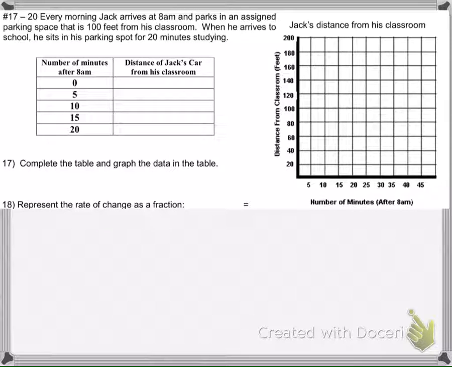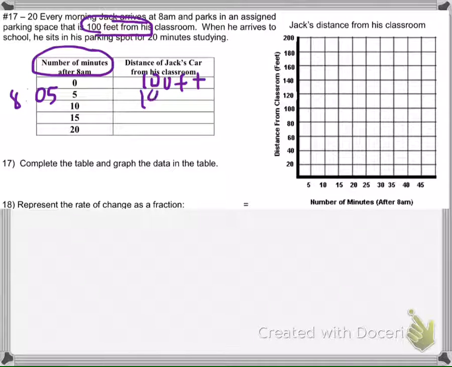So the input variable is the number of minutes after 8 a.m. So 0 minutes after 8 a.m., it says at 8 a.m. he's 100 feet. So 0 minutes after 8 a.m., that means 8 a.m., it's 100 feet. Well, at 8:05, because it says 5 minutes after 8, he's still 100 feet.